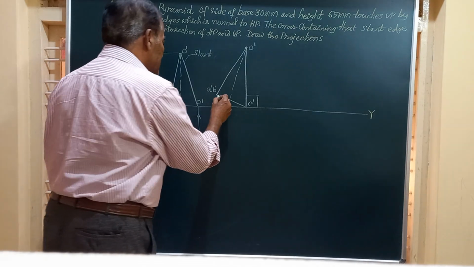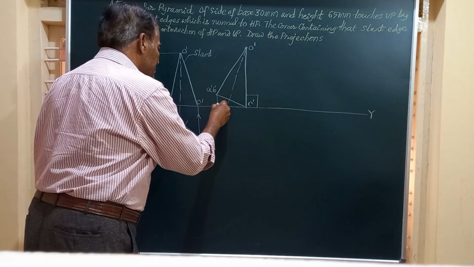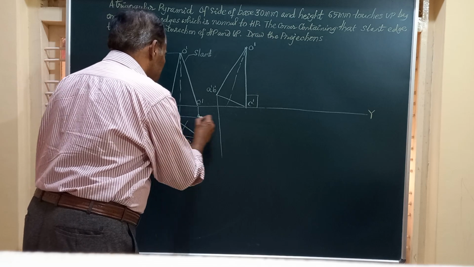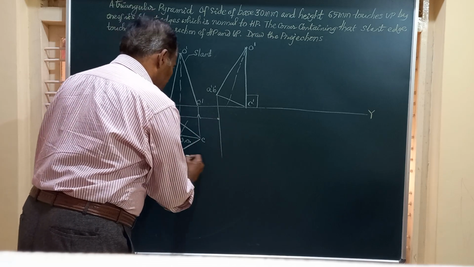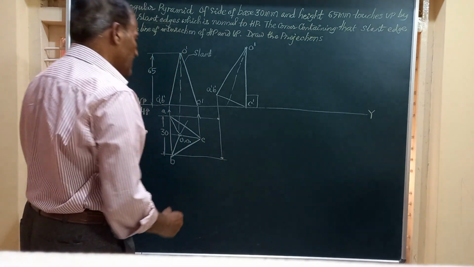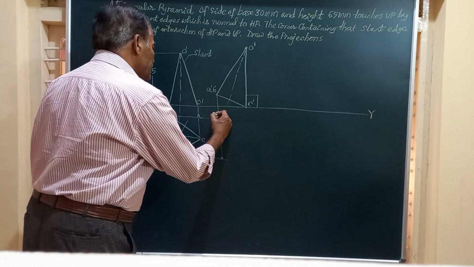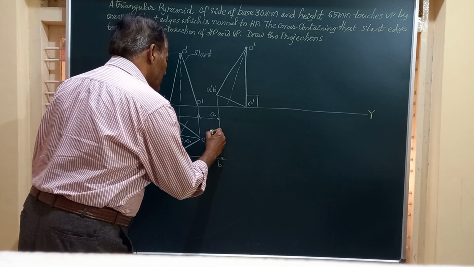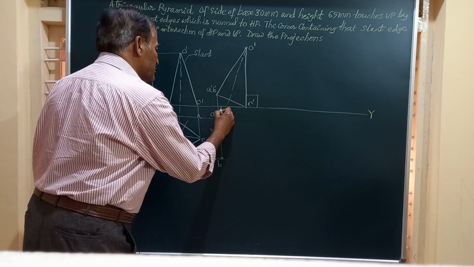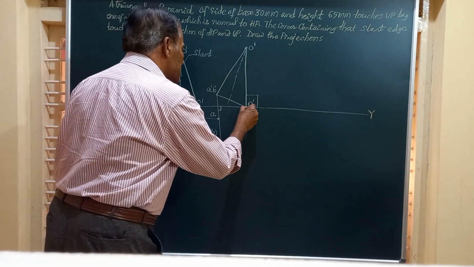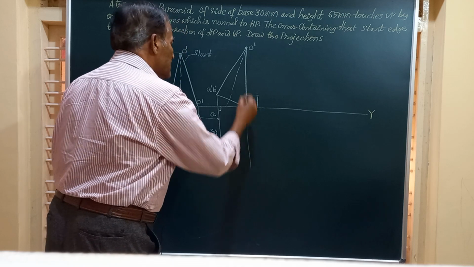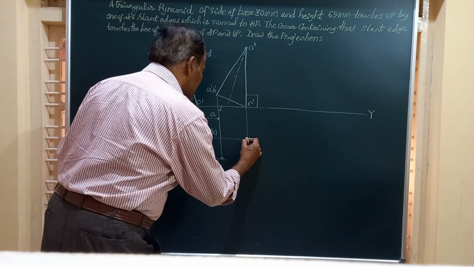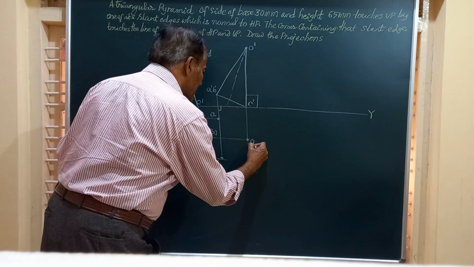And let's obtain the corresponding top view for this. Friends, you have got this A here, and this point is B, and very obviously this AB in the top view is also 30, because that is perpendicular to VP. And this point is C, friend. So O lies on this and C also lies on this.